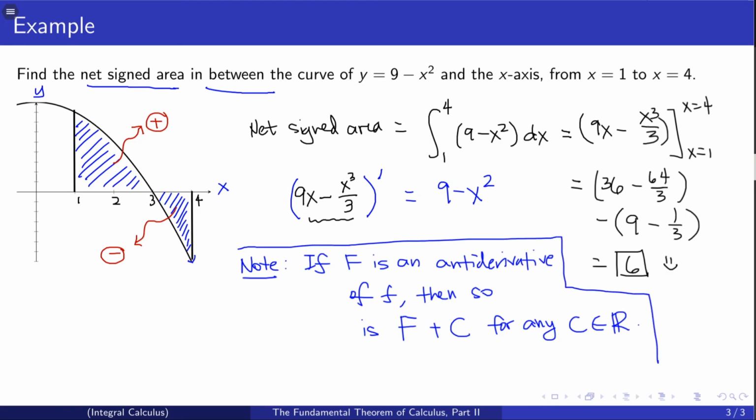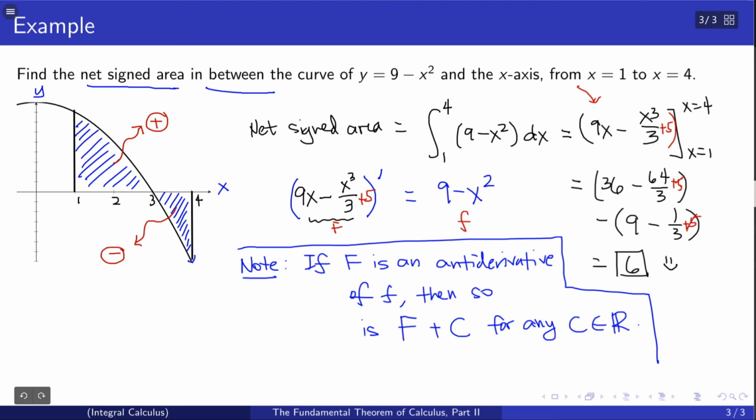Because when you take the derivative of just a constant function, it just disappears. So in fact, I could have added a 5 here, for instance, inside my capital F function, and I take its derivative, I'm still going to get small f because the 5 just disappears. Right? And in terms of the calculation here for the integral, it doesn't matter. I can add a 5 in here, and that 5 is just going to cancel itself out of the calculation.